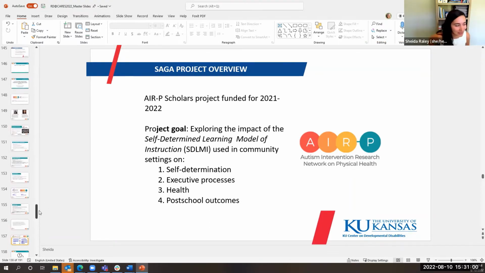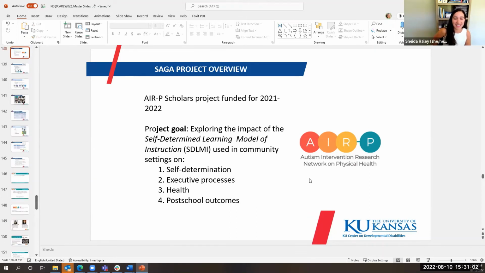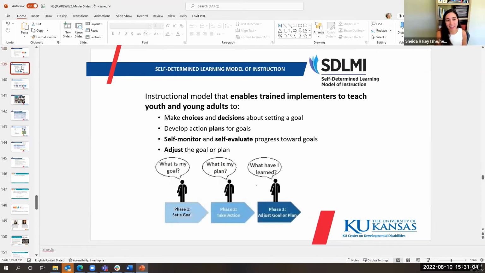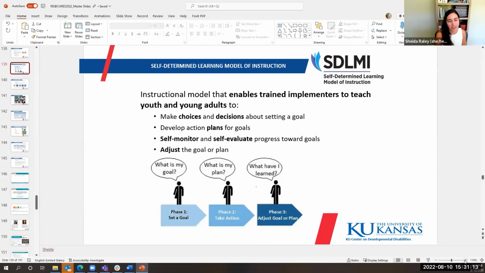The SDLMI is a three-phase instructional model, which really supports everyone to be self-determined. In this project, autistic youth and adolescents work through three phases: first setting a goal that is important and meaningful in their lives, which could relate to physical, mental health, employment, post-secondary education. Then create a plan to achieve that goal, and then adjust that goal or plan based on what they've learned.